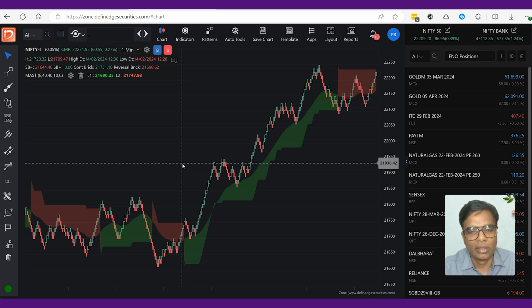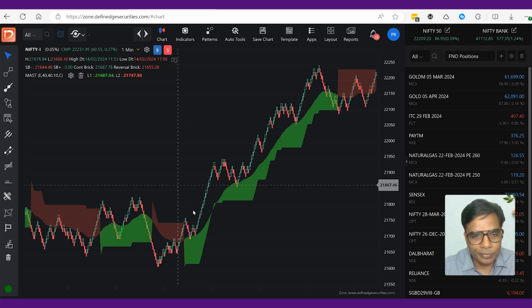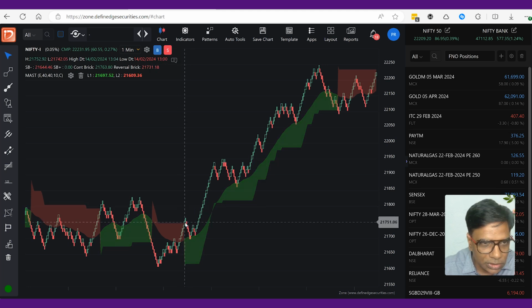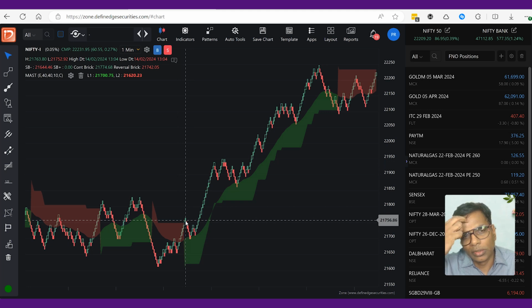So let's say, just for an example, this signal came on, if you see the dates, above the high date, it's on 14th of February. On 14th of February, the monthly expiry will be 29th February.